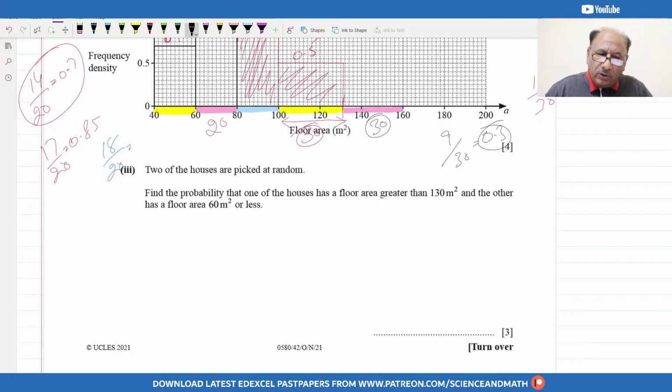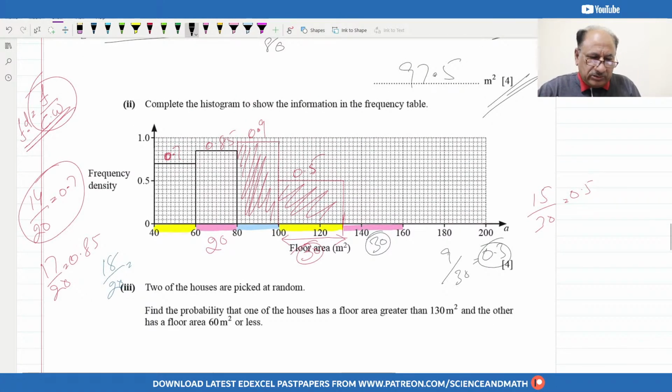So we have to take the height as 0.3, up to this one, and this will be the bar.